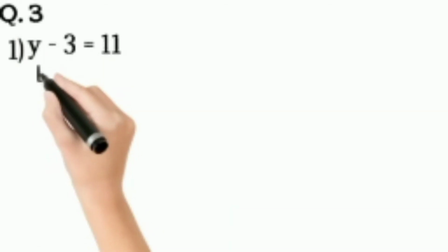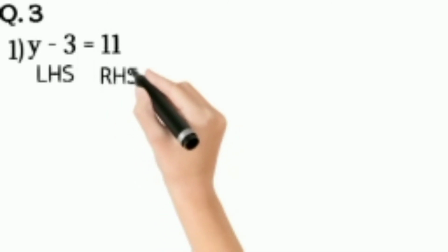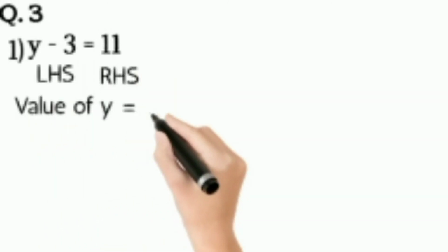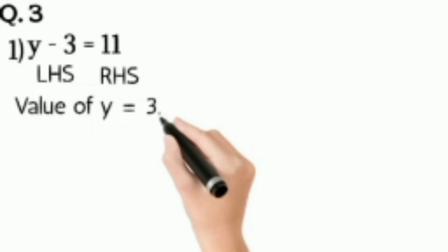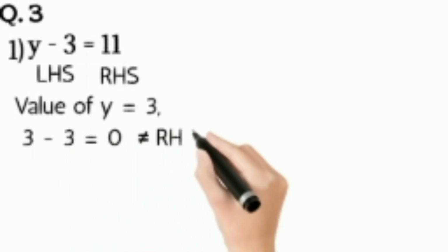The first one, y minus 3 is equal to 11. The value of the variable y is given as 3. Let us take the left hand side, y minus 3. Substitute the value of y, 3, in place of y. So we get 3 minus 3, 0, which is not equal to the right hand side, where it is given 11.